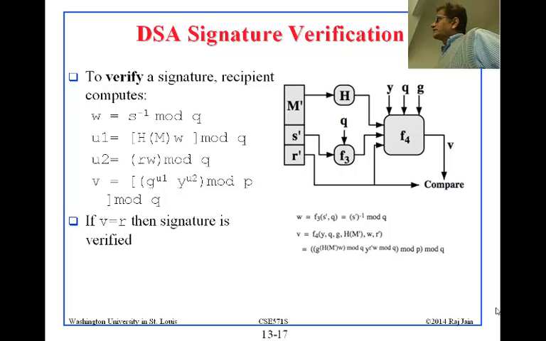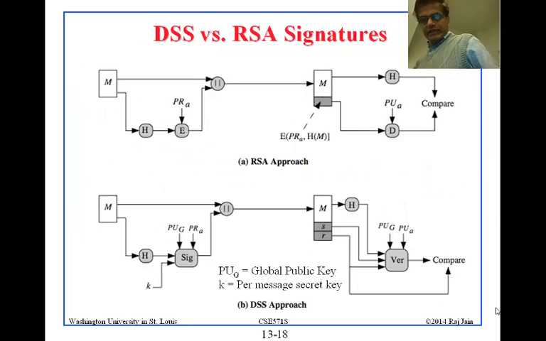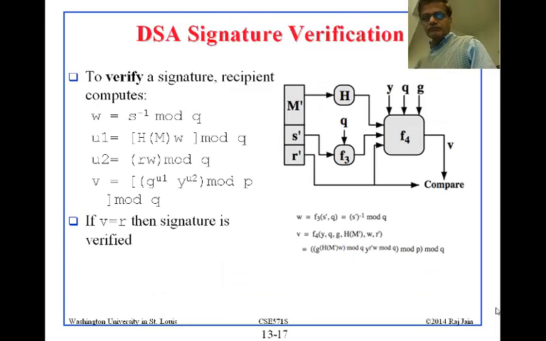So why is this valid? Let's just do the math. If you forget all the mods, it's very easy to verify. G raised to U1 is G raised to m W, where capital H of M is little m.